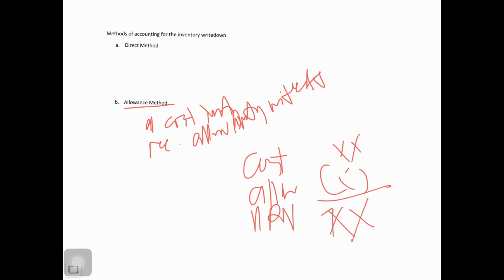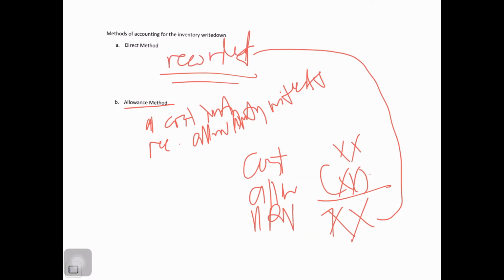So ang kaning NRV nimo is same ni siya diri sa imong recorded diri sa direct method. Ang direct method lang jud is wala ka nag allowance, gilargo na nimo na ang kaning NRV imong gi-record. Then he is cost ka, nag-start ka sa cost, then naa kay allowance na recorded.